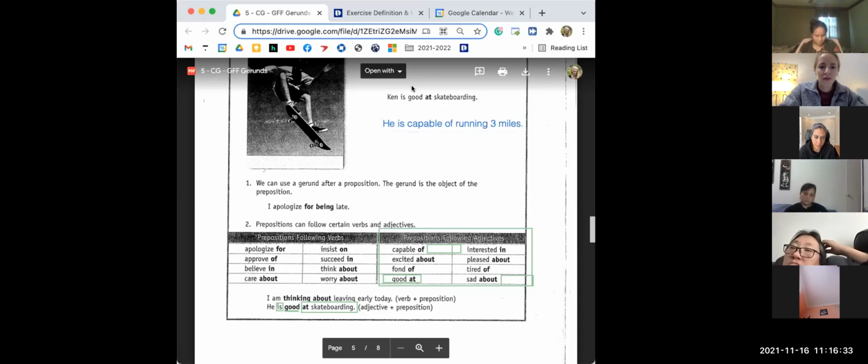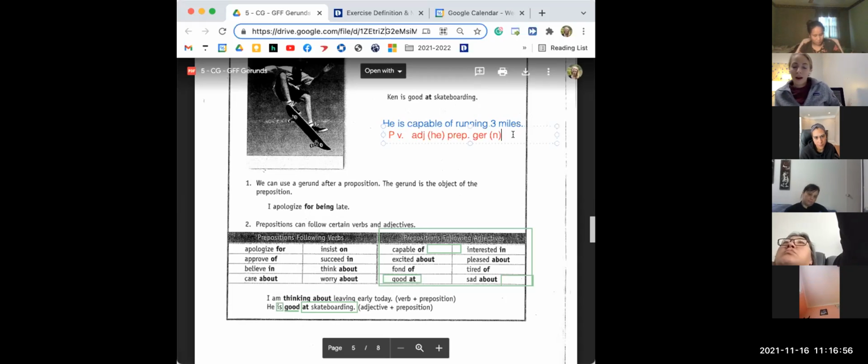Here we have, let me change this a little bit, our pronoun he, verb is, adjective describes he, our preposition, our gerund, which is the noun, and then this extra information, 3 miles.